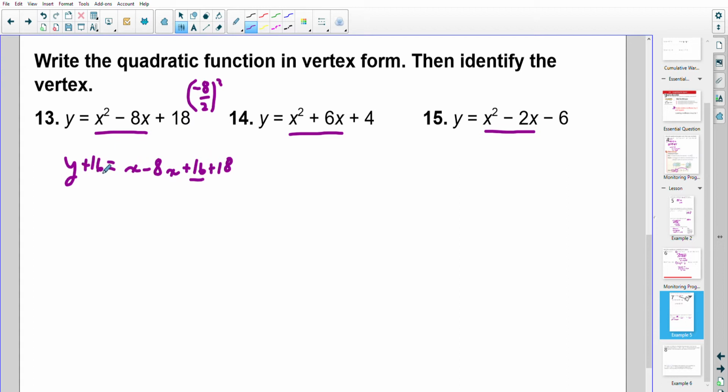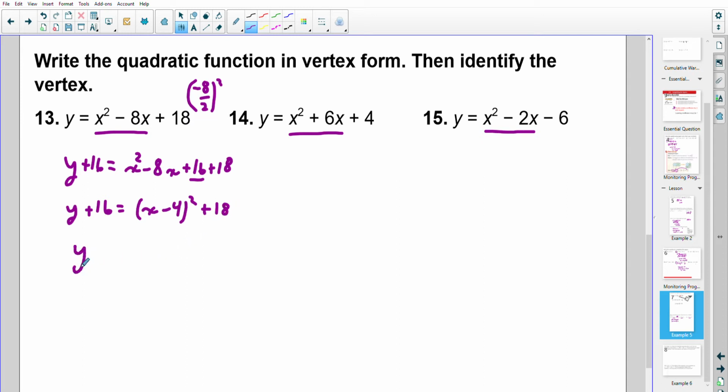So we want to add 16 to the left side. That means that you're going to have y plus 16 equals x minus 4 quantity squared. Notice that this 4 is always the square root of 16. And plus 18.